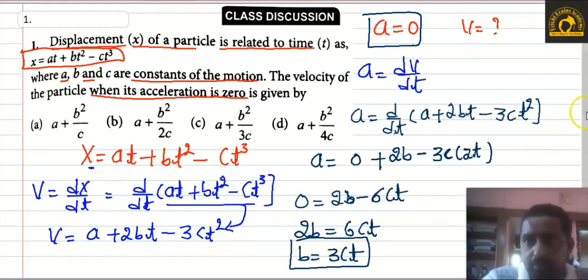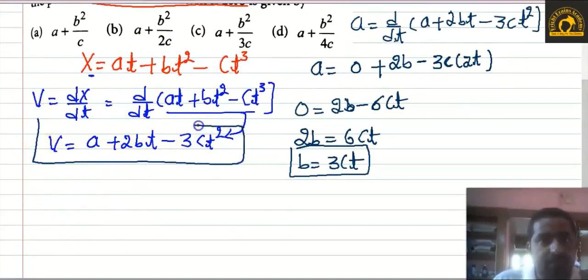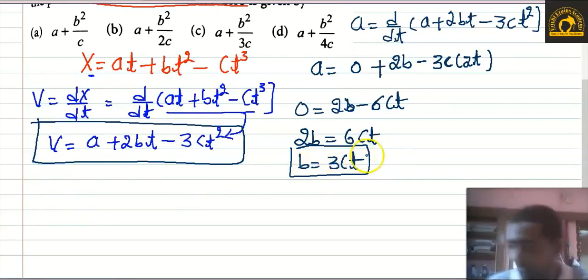Then you have to put the values on the velocity. We know that this is the velocity equation. Okay, so b value is this much. Then you have to find out the a value.